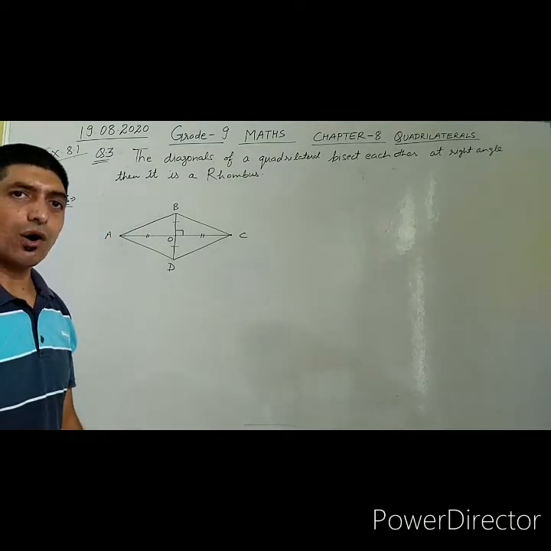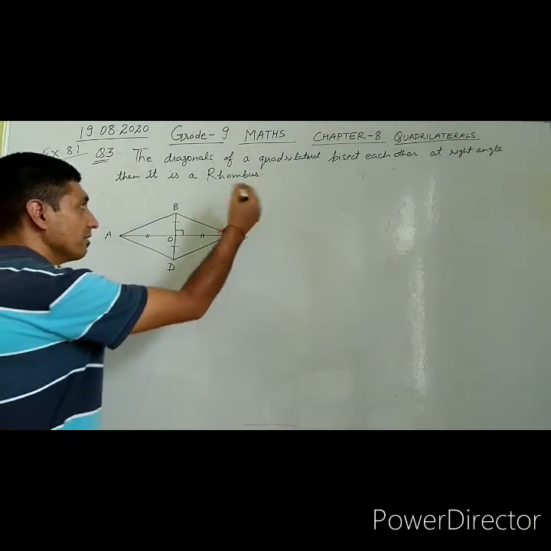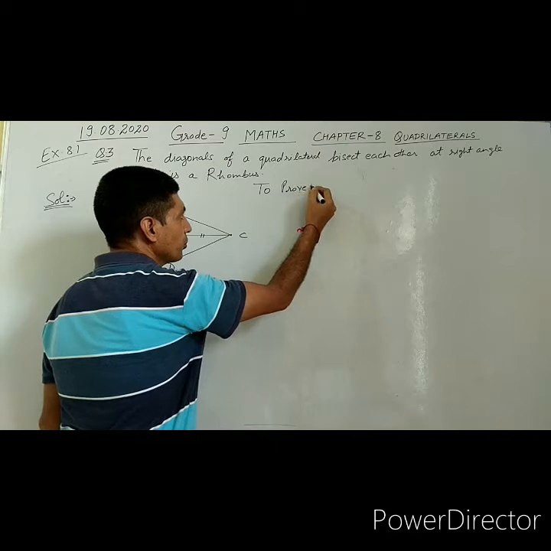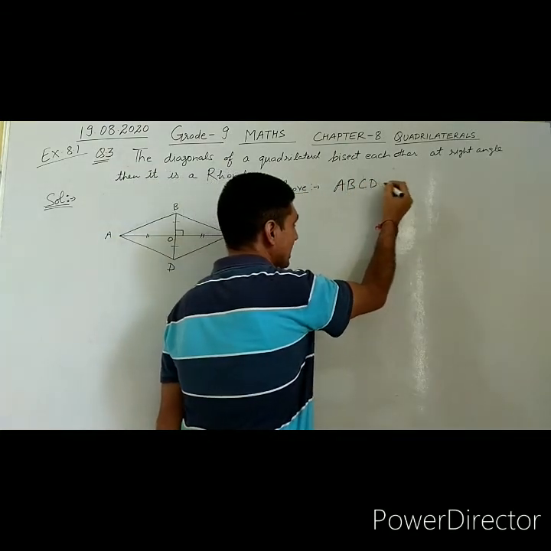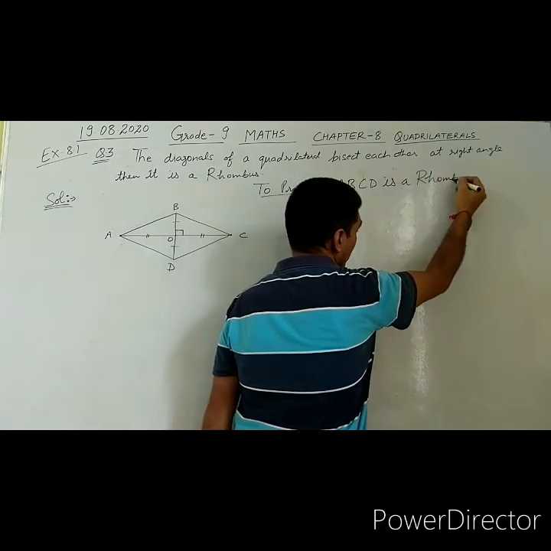That is the rhombus: all four sides of the quadrilateral are equal. So what we want to prove here is that ABCD is a rhombus, right?